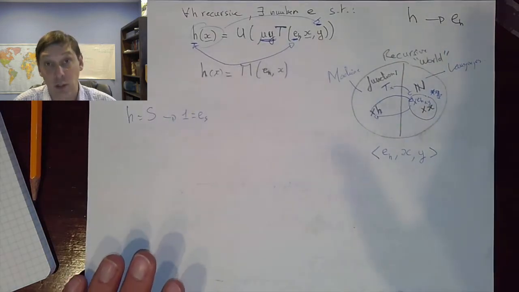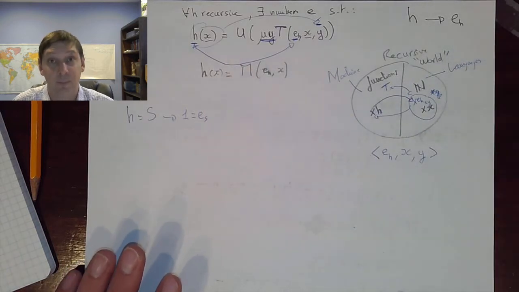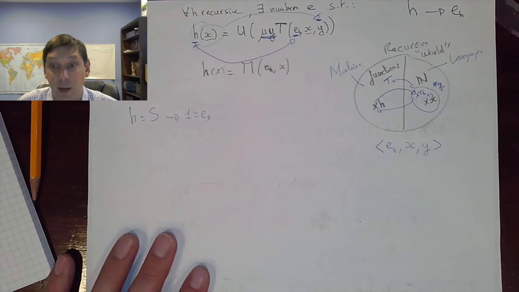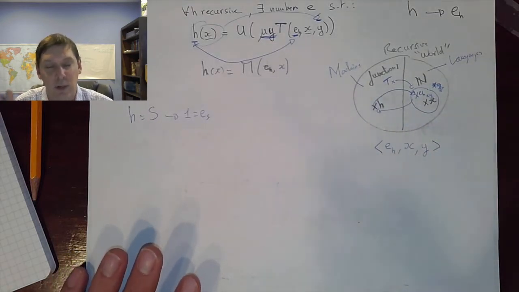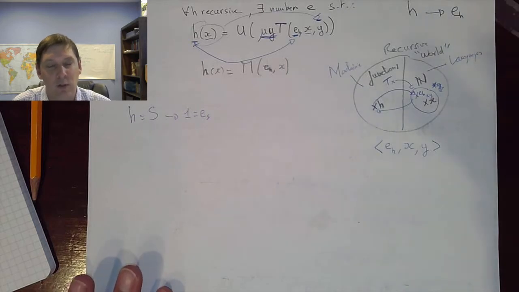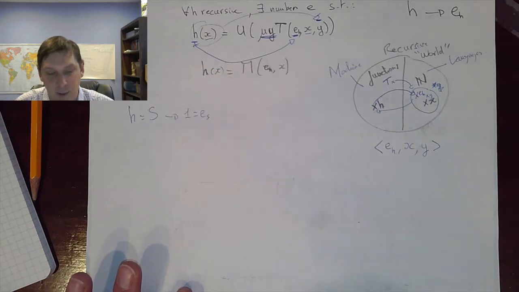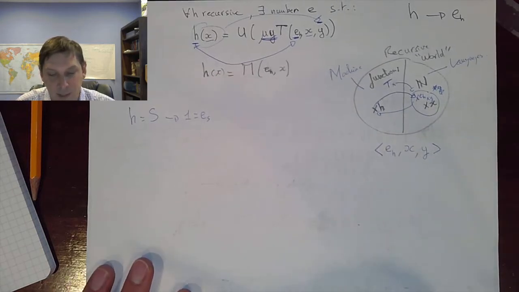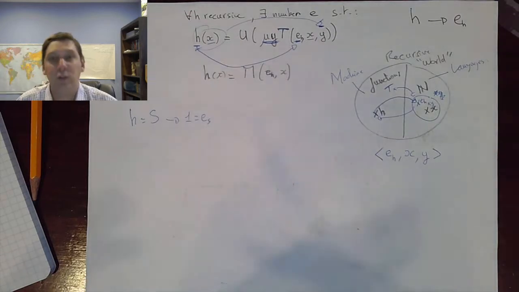We used diagonalization to show that some languages were not recognizable, that there are some languages that cannot be recognized by Turing machines. Okay, so here we're going to do the same thing.